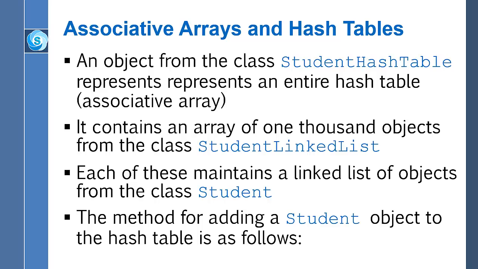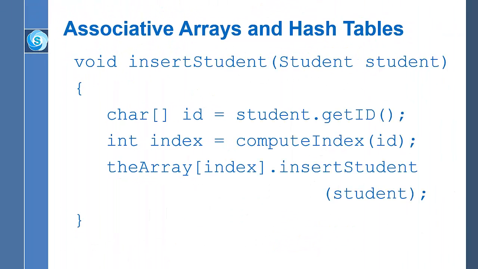There's a method for adding a student to the hash table, and it works as follows. The name of the method is insert student. I need to be clear here that this is a method from the class student hash table.